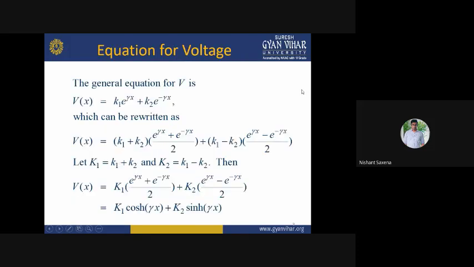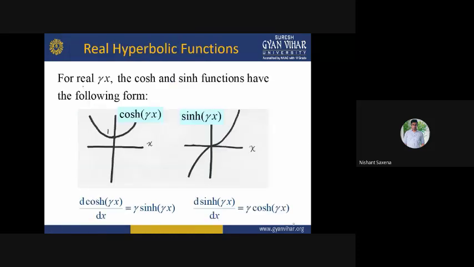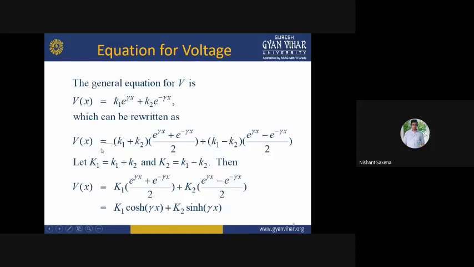Now, if you write the general equation for the voltage, I can write it like this: V(x) is equal to K1 into e to the power gamma x plus K2 into e to the power minus gamma x, where gamma is your propagation constant.